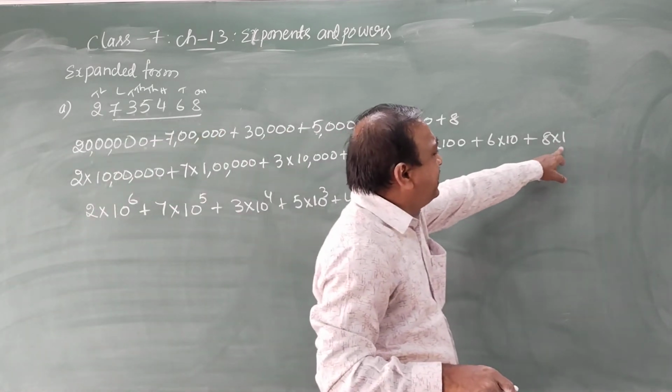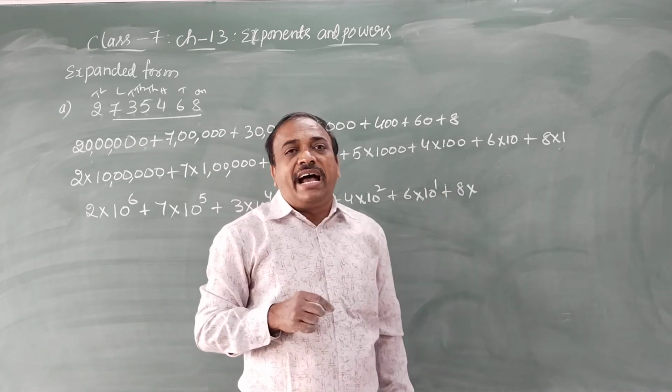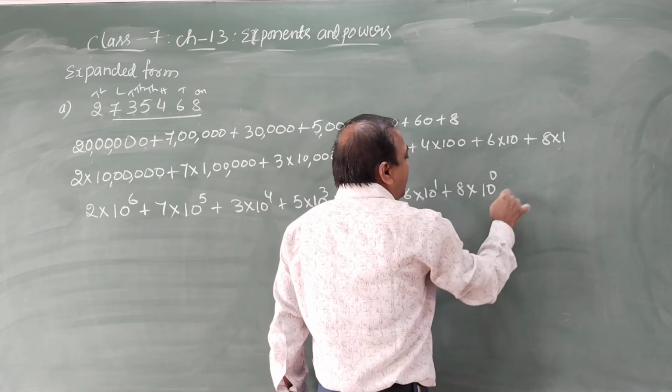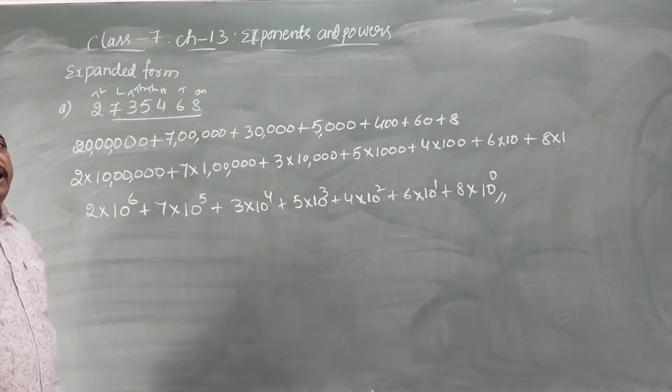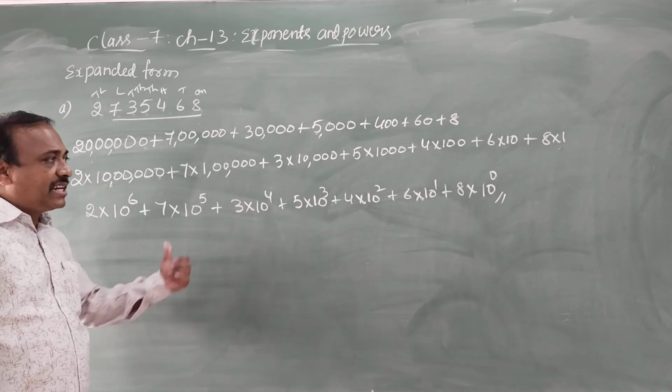But how can you represent this one? Yes, you are right. We can write that one as 10 to the power 0. So this is called expanded form. Is it clear?